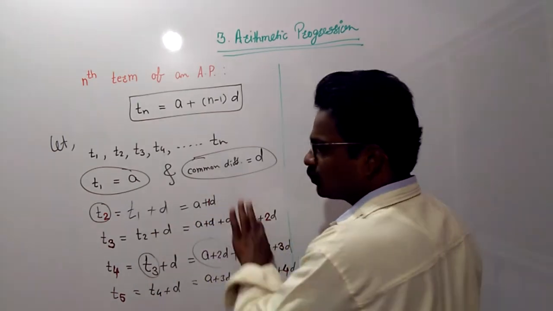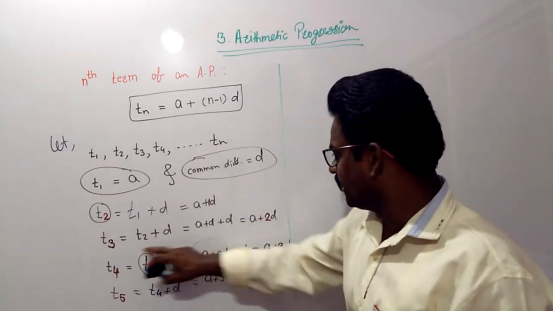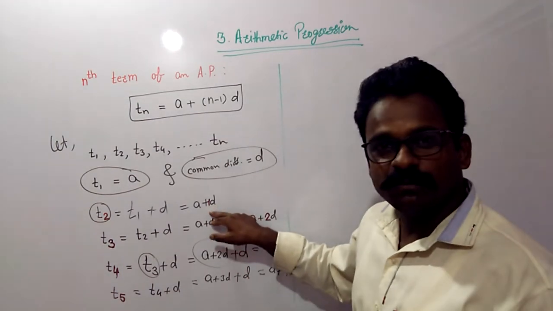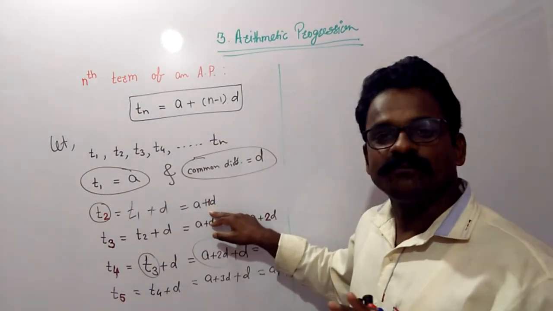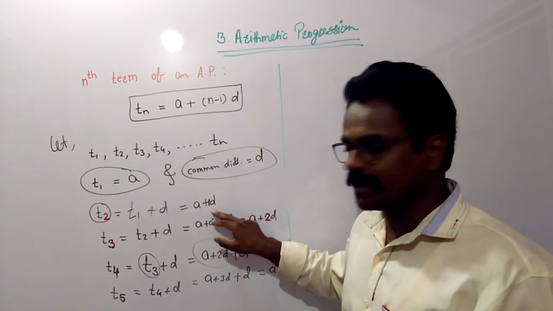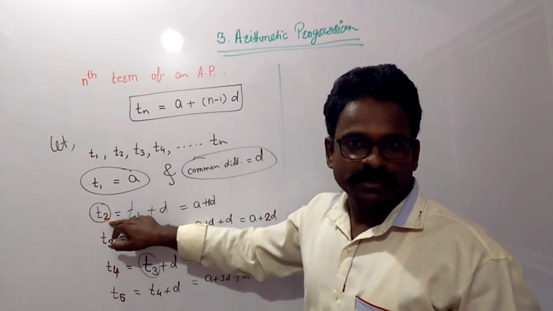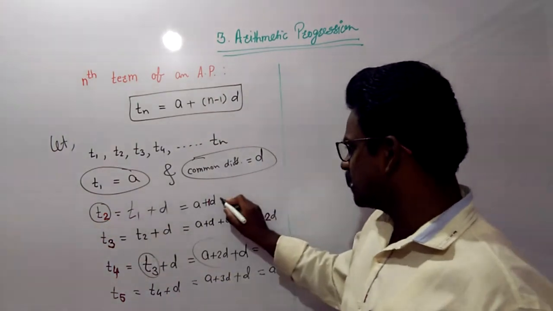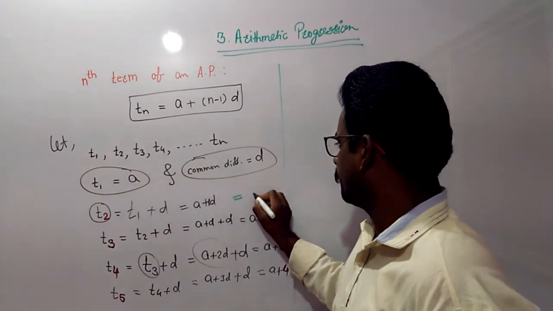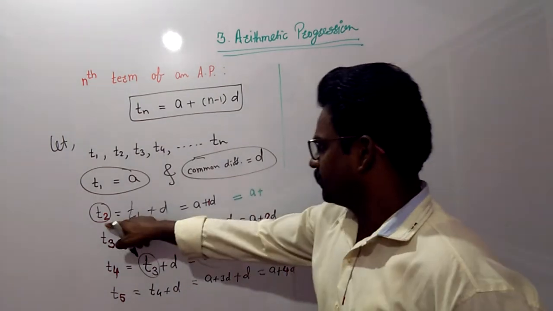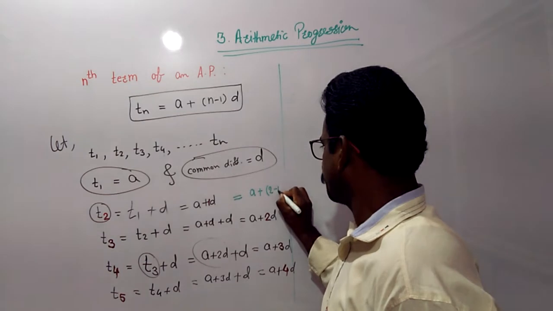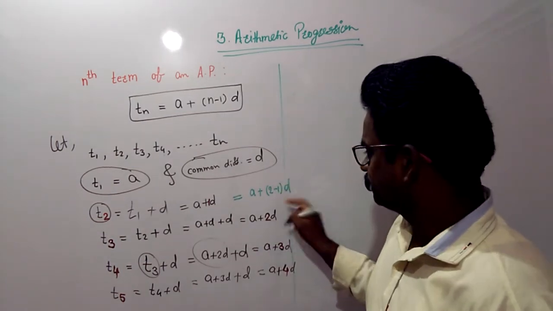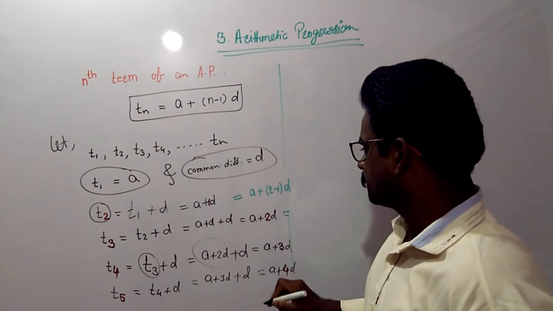T2 is equal to a plus 1d, T3 a plus 2d. That means here the coefficient of d is always lesser than the term number by 1. Okay. So this a plus 1d we can write in this way: a plus (2 minus 1) into d. How can we write this?